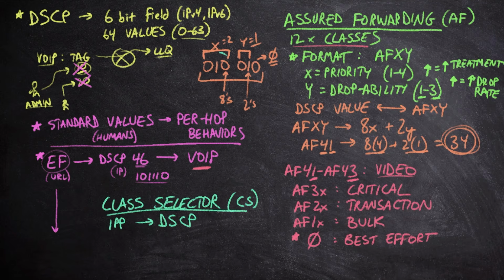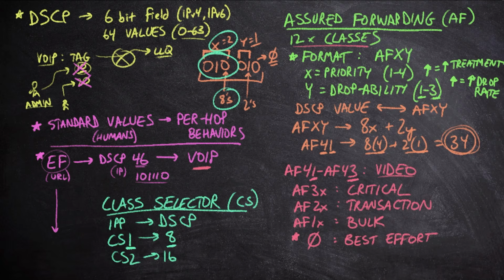We are simply going to only use the first 3 bits, which means whatever class selector we pick, it basically just represents X and it's multiplied by 8. What are we saying there? Well, if I have a CS of 1, this is mapping to a DSCP value of 8. I simply multiply 1 by 8. And then I can have CS of 2, which maps to 16, and so on and so forth. So we can go from CS0 all the way to CS7.